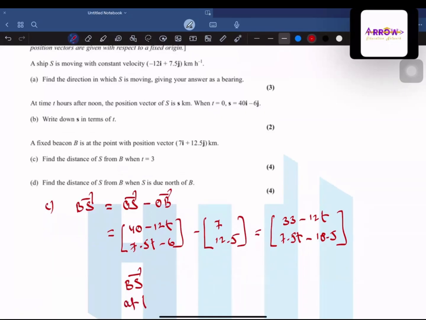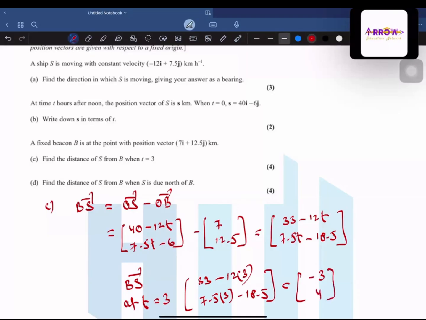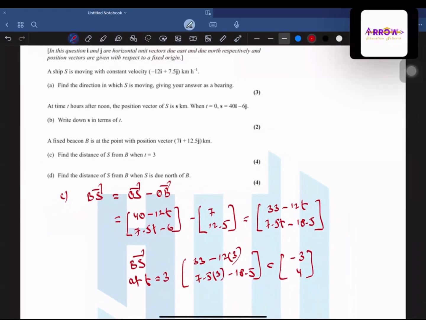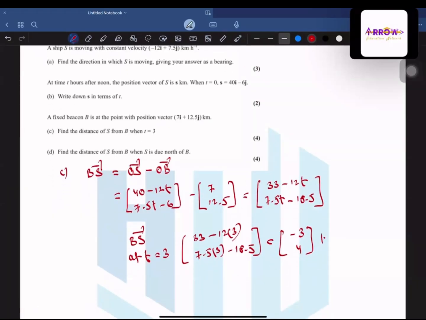So BS vector at t equal to 3 is 33 minus 12 times 3 and 7.5 times 3 minus 18.5. So 33 minus 12 times 3, the i component is minus 3, and the j component, 7.5 times 3 minus 18.5, is supposed to be 4. So minus 3i plus 4j kilometers. This is the BS vector.